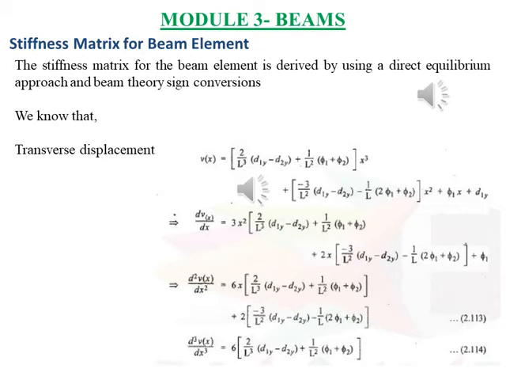So next we shall see the stiffness matrix for the beam element. The stiffness matrix is derived by using a direct equilibrium approach and beam theory sign conventions.